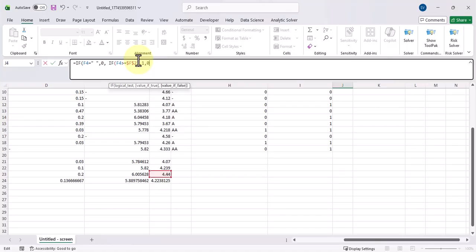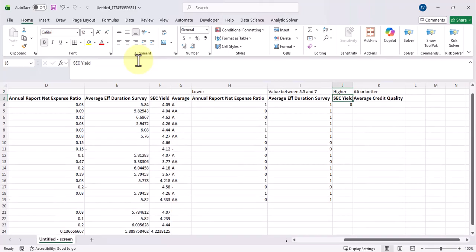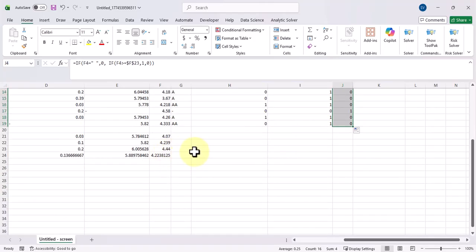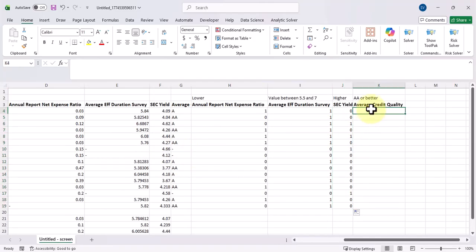And if it's less than that, I'm not interested in it. I want it to return a 0. And what this should produce is about 20% of the outcomes. Give me that value that's above the value of 4.44%.